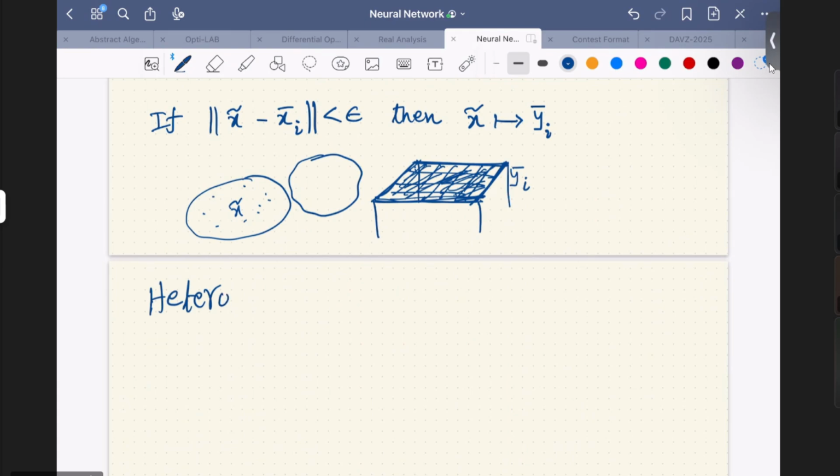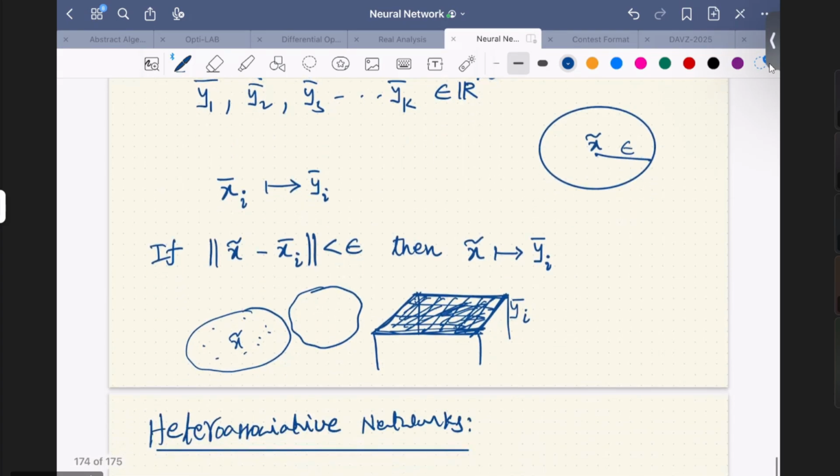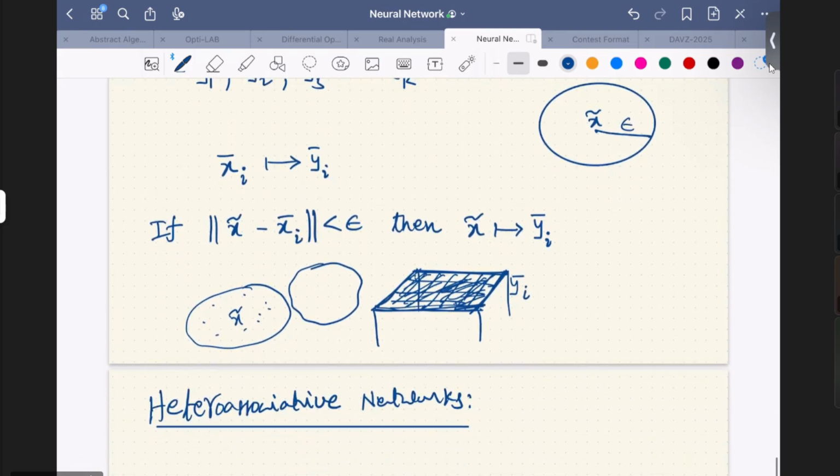Hetero associative networks. So it is not the neural network, it is not the ANN, there is no continuity principle.